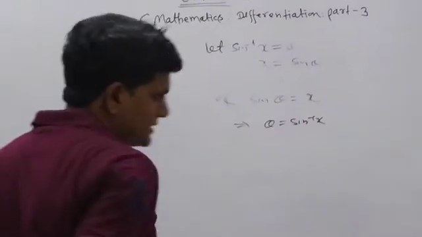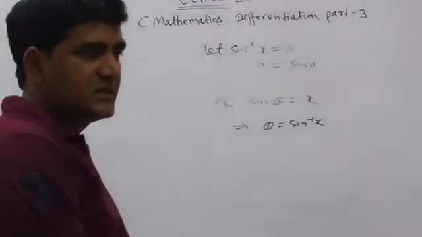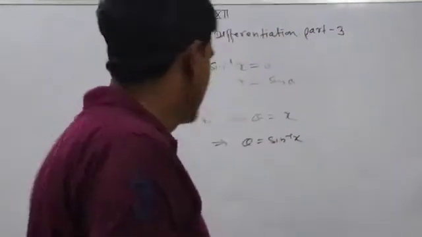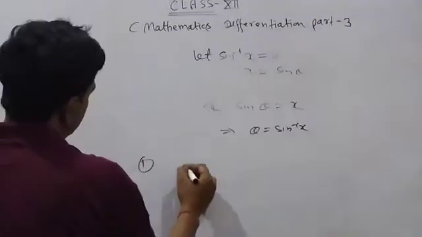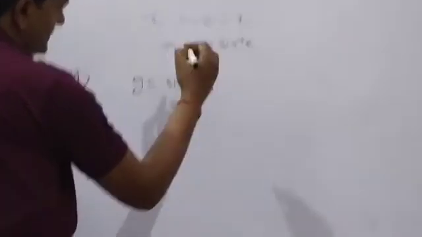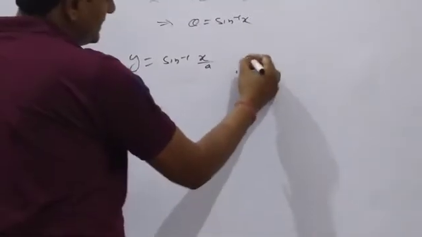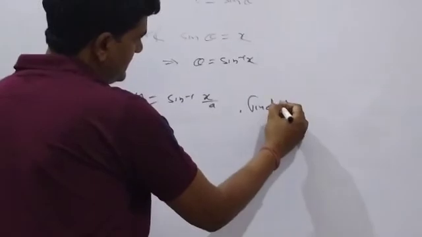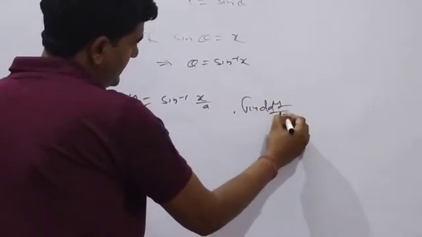Now, I am going to give an example based on differentiation of inverse trigonometrical function. Example number 1: if y is equal to sine inverse x by a, then find dy by dx. Clear?